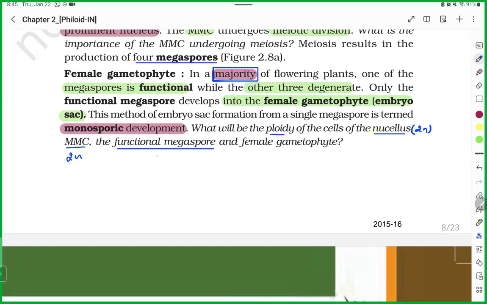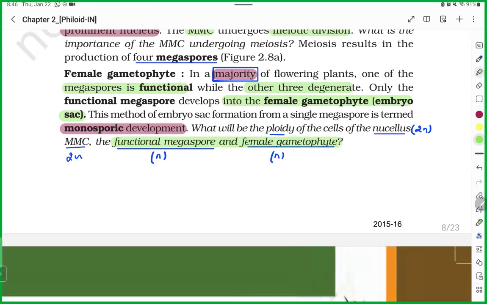Ploidy means number of chromosomes in each cell. Then the female gametophyte. Sir, N. And remember, these last two are formed because of meiosis. That's why their chromosome number will be half.